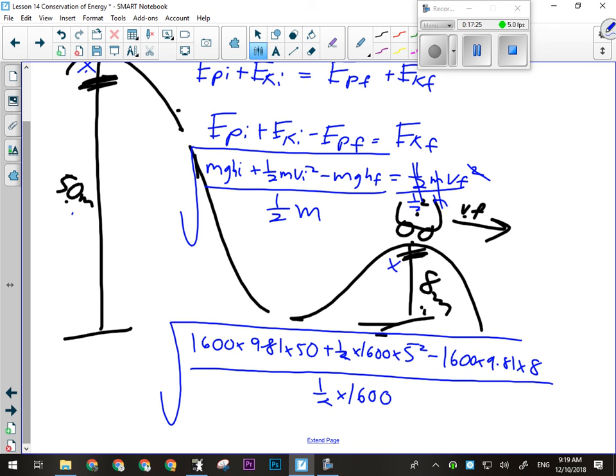Now I would not try to enter this all in with brackets and everything else, because you're probably going to make a mistake. I rarely get it all right with all the brackets.